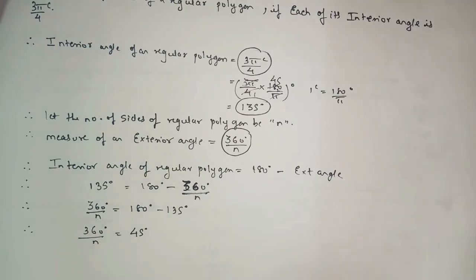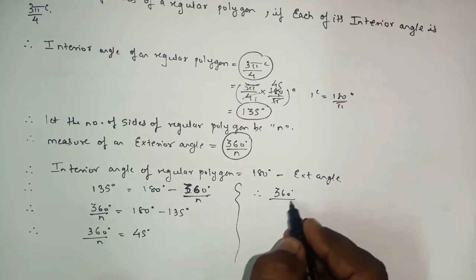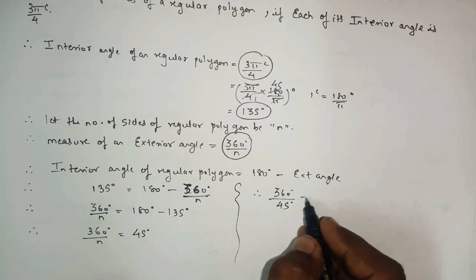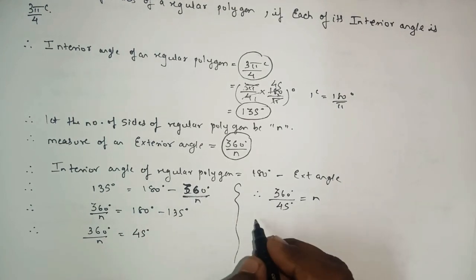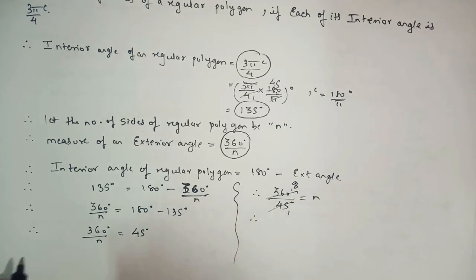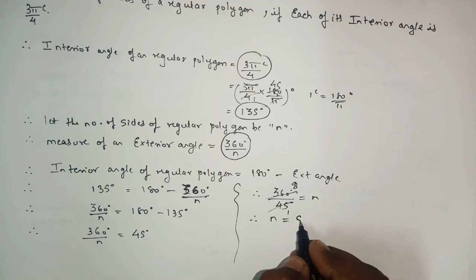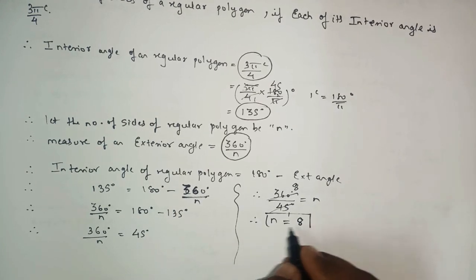Yes or no? So therefore we will bring this 45 to the denominator. So 45 ones are 45, 45 eights are 360. Therefore here we got n as 8.